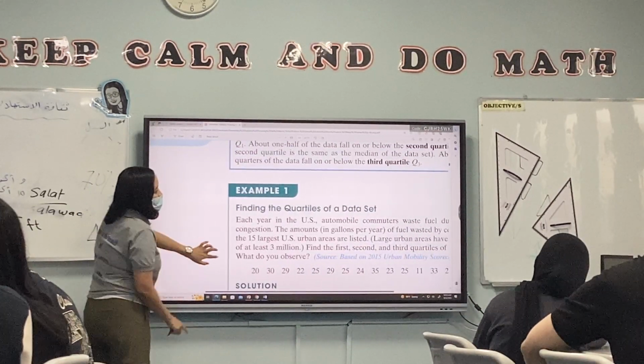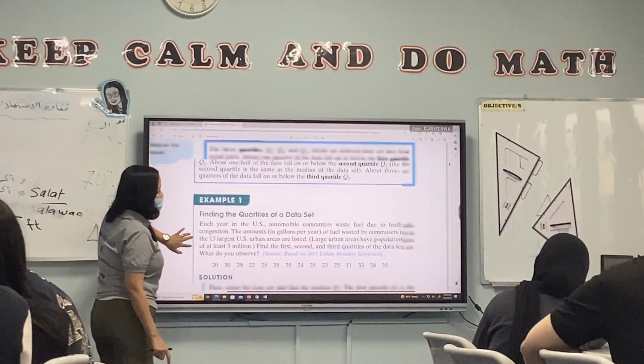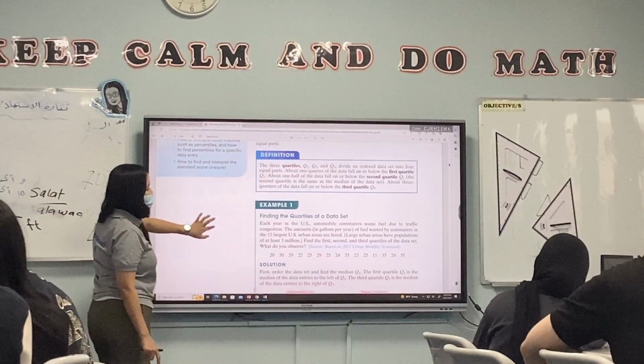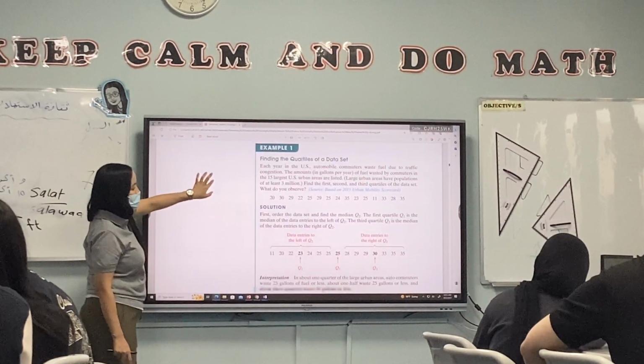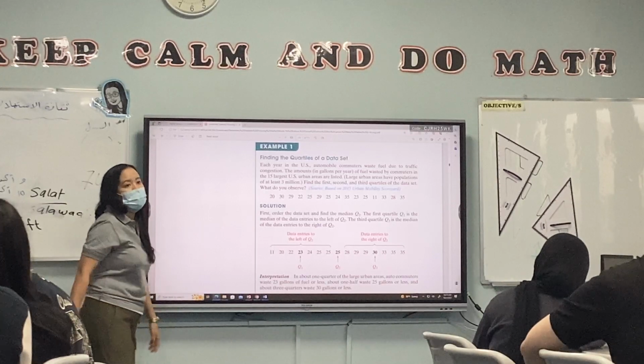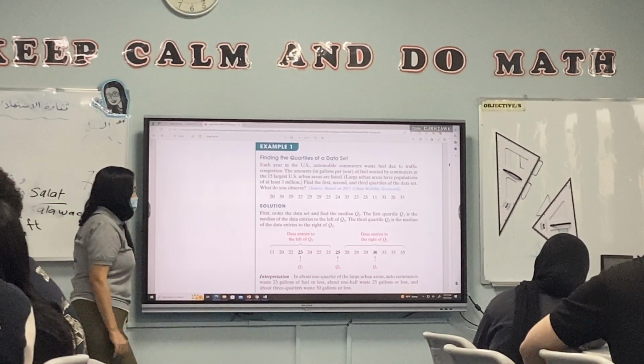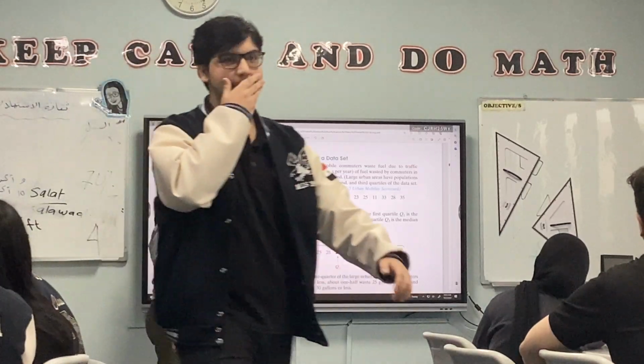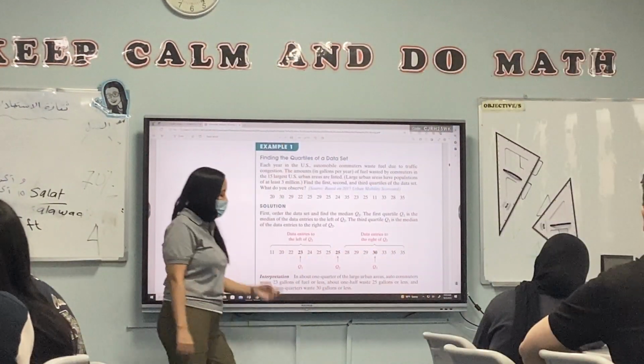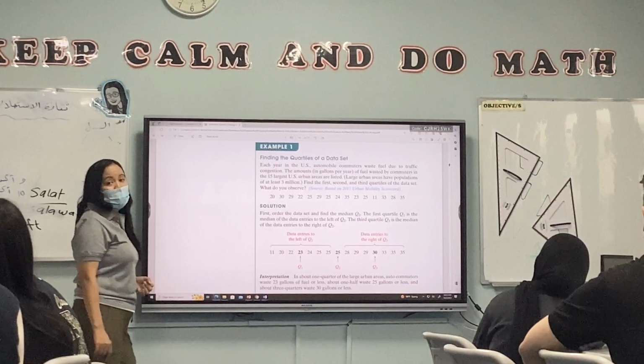Okay, so the easiest way to analyze the quartile is to arrange the numbers. So this is the number. And then what happens? Least and maximum. Okay, so the least is 11 and the maximum is 35. Okay, excellent.